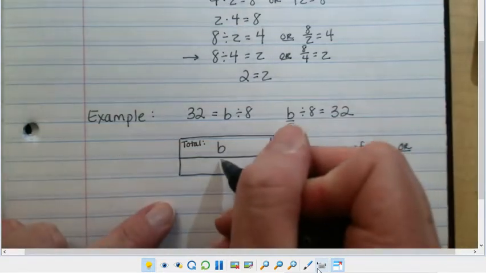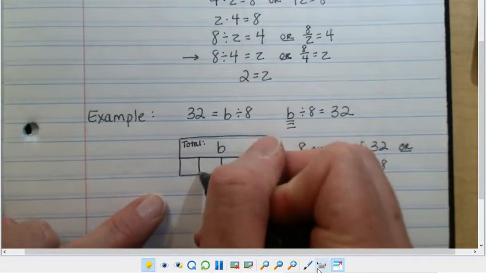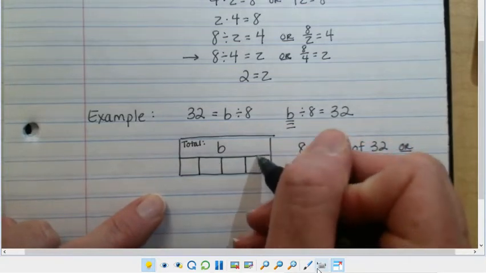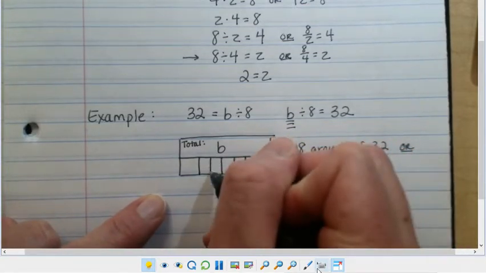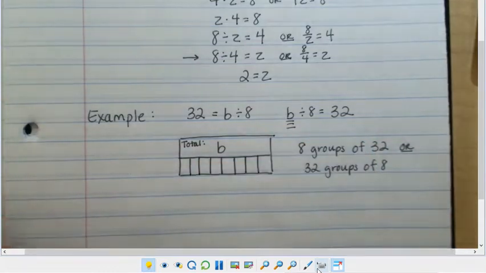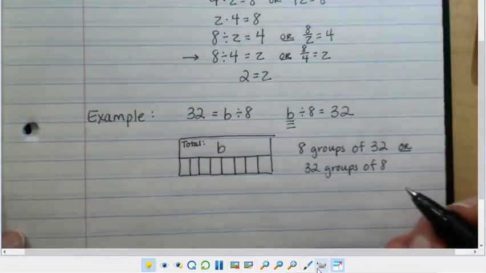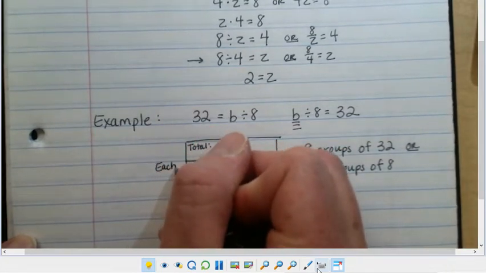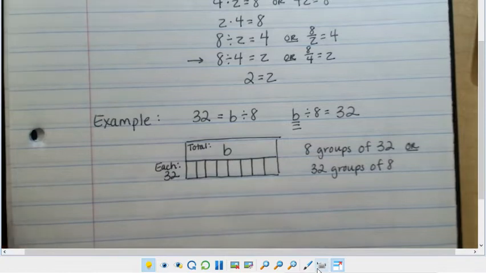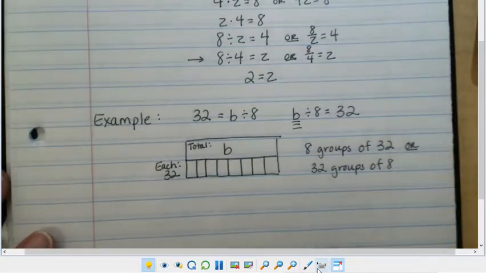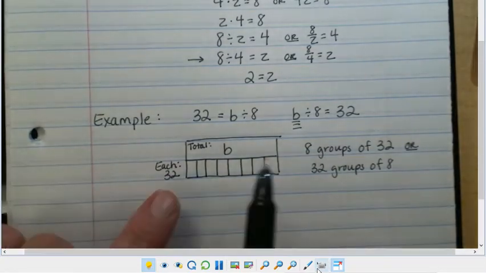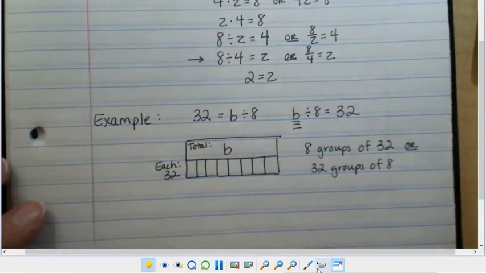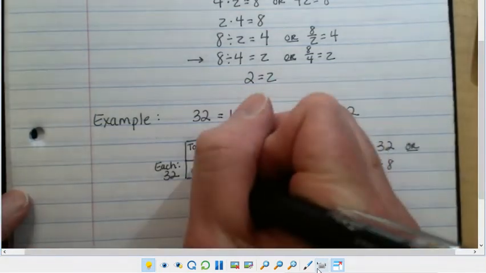I can draw 8 boxes though, so we're going to fit 8 in here. And each one of those boxes is 32. So this is where, if I didn't want to write it in each box, and I know how many boxes I have here, I could also write it in all of the boxes.